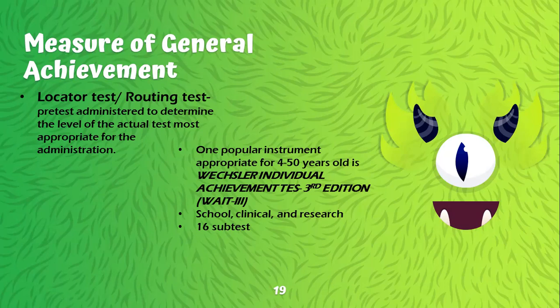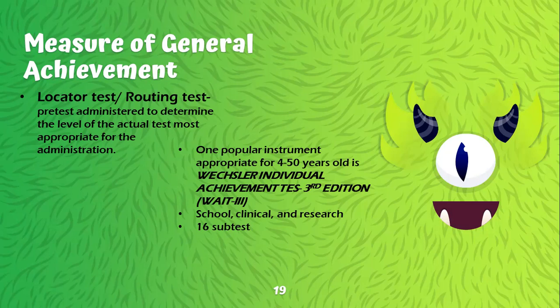So one popular instrument para sa mga 4 to 50 years old is the Wechsler Individual Achievement Test, Third Edition. It is for school and clinical and research settings, and it has 16 subtests.